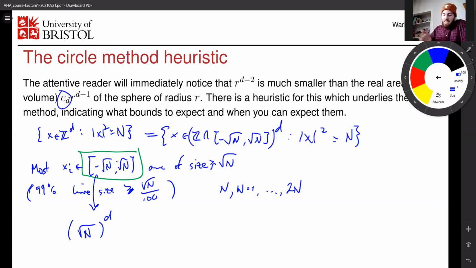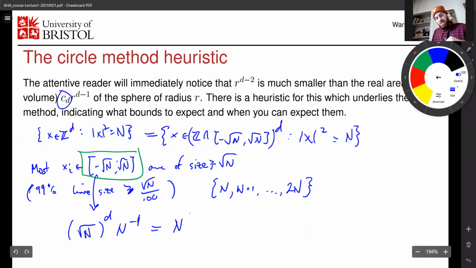But it's uniformly distributed over the absolute value of x squared, uniformly distributed over this range, which would suggest that only 1 over n possibilities for each element of this range, each representing each number n plus 1 and so on. And when you do that, this is actually just n to the d over 2 minus 1. This probabilistic argument is really assuming that there's no bias between n plus 1, n plus 2, and so on.